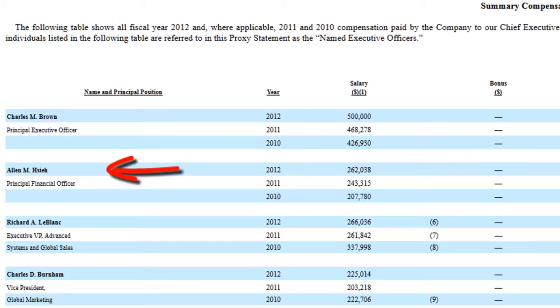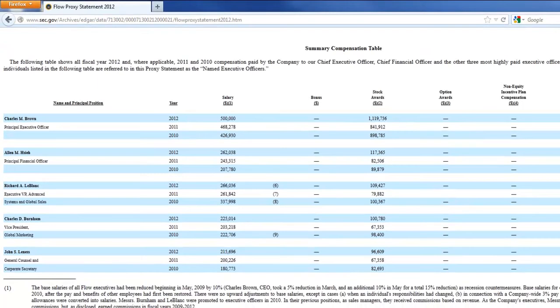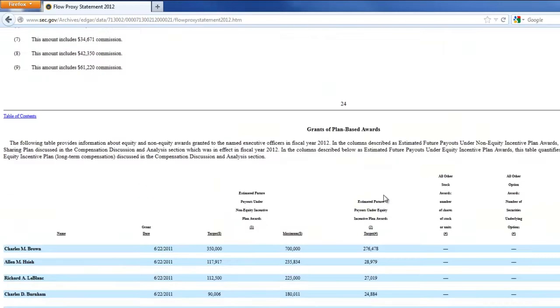Now, you can make these comparisons, and what I like to find out is, if the stock did not perform very well over the last 3 years, did the management pay themselves more, or was the compensation tied to the performance of the company's stock or the performance of the company's business? This is the form that tells you all of this.